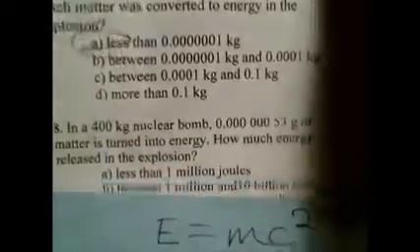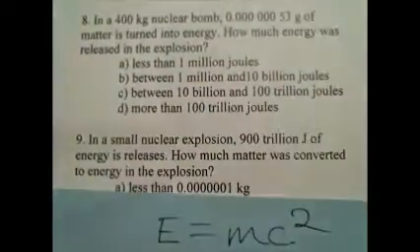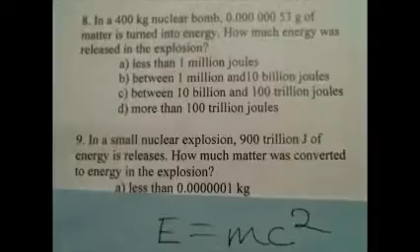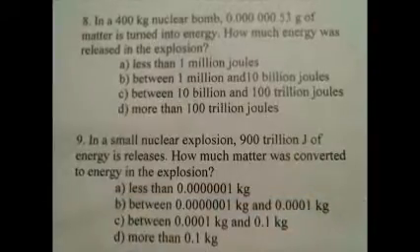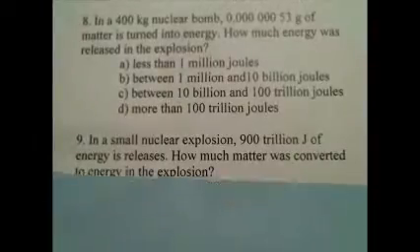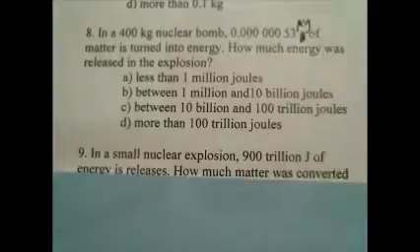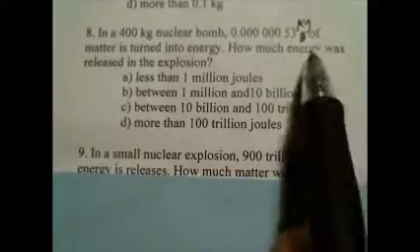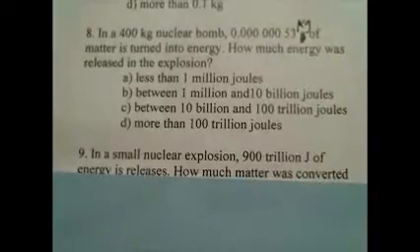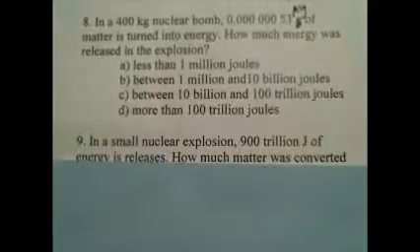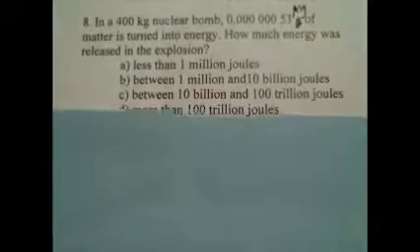Number 8. In a 400 kilogram nuclear bomb, 0.0000053 kilograms. Make sure in your packet it says kilograms after that decimal number. Okay, that much matter is turned into energy. How much energy was released in the explosion?